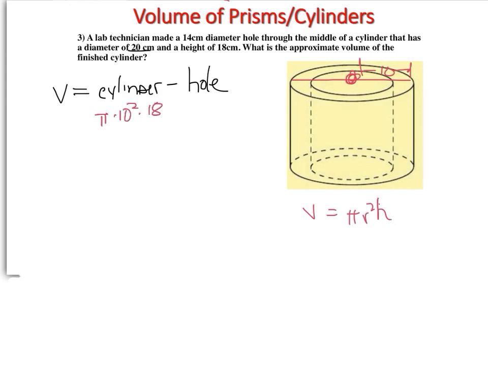But then for the hole, we're going to take away pi times the radius of the hole. The whole diameter is 14, so the radius is half of that, 7. So it'll be times 7 squared times the same height of 18. Doing that calculation, the problem rounds to 2,884 cubic centimeters.